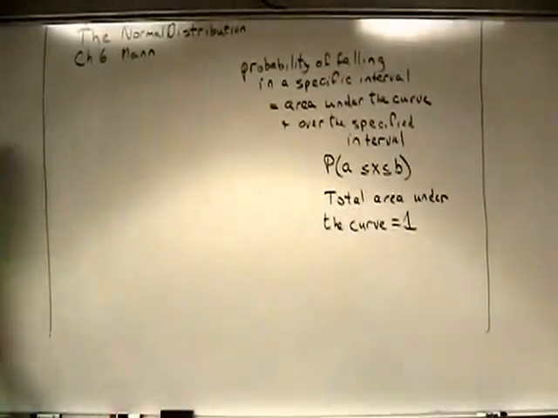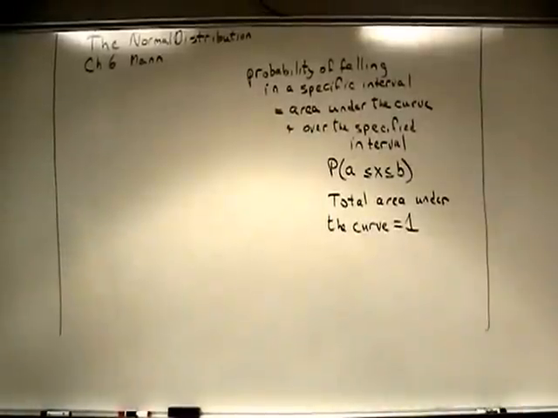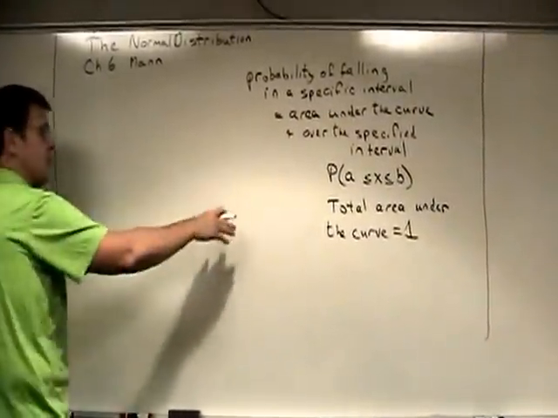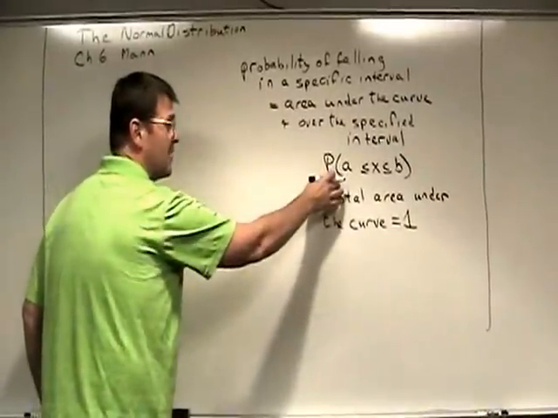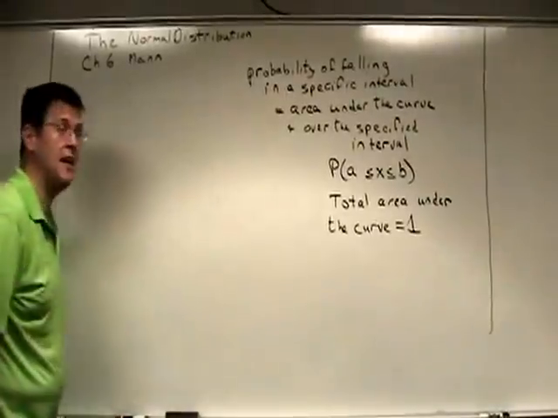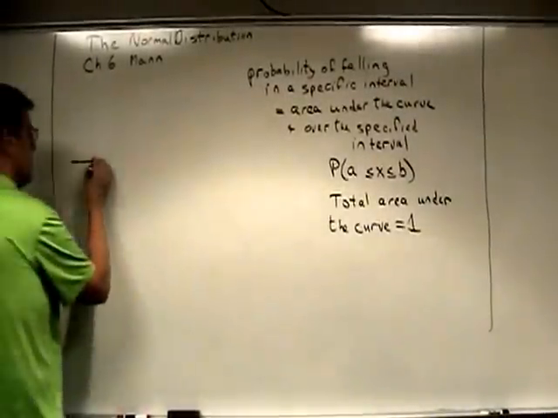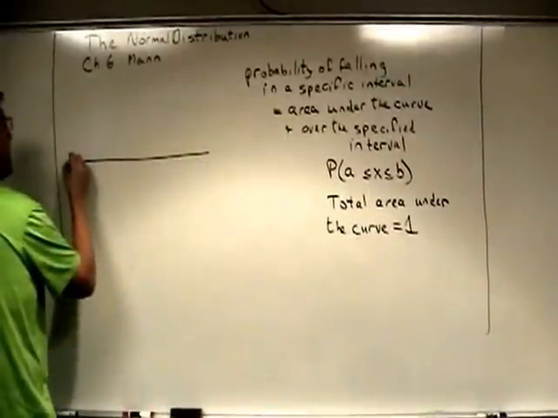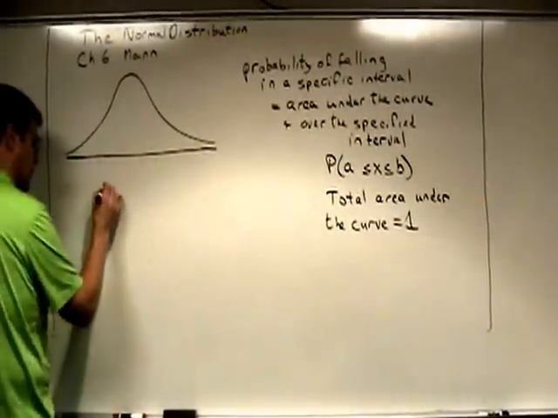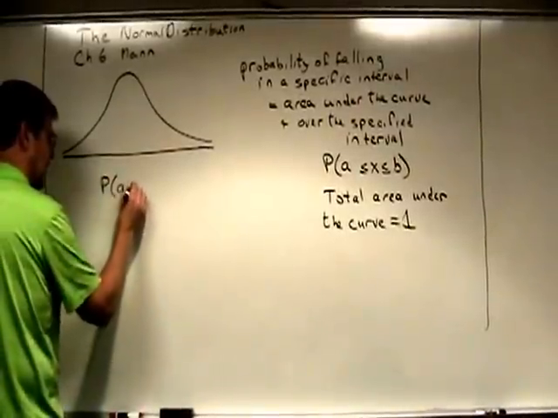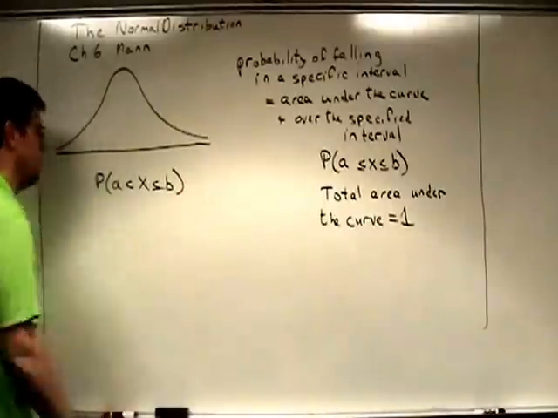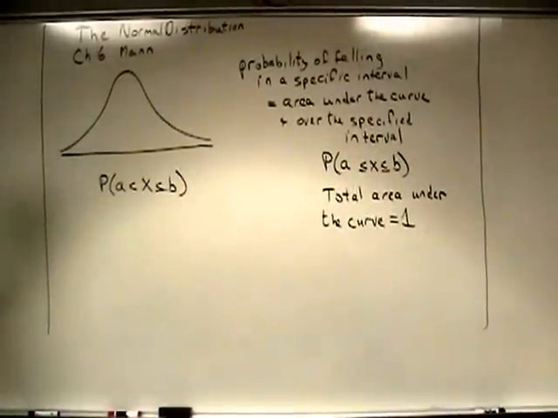Now, one other thing that's a little different from what we did with the discrete random variables. Suppose that in the previous case, we had looked at the probability that x fell between a and b, where we include a and b in those endpoints. In this situation, suppose that what we're doing is looking for the probability that x is between a and b, but in this case, we don't include a in our endpoints.